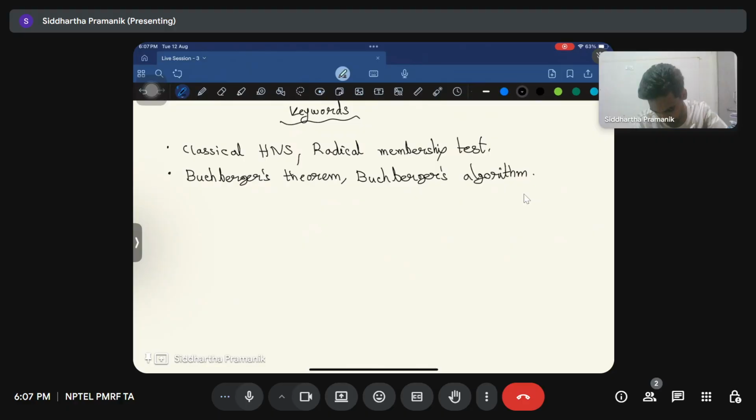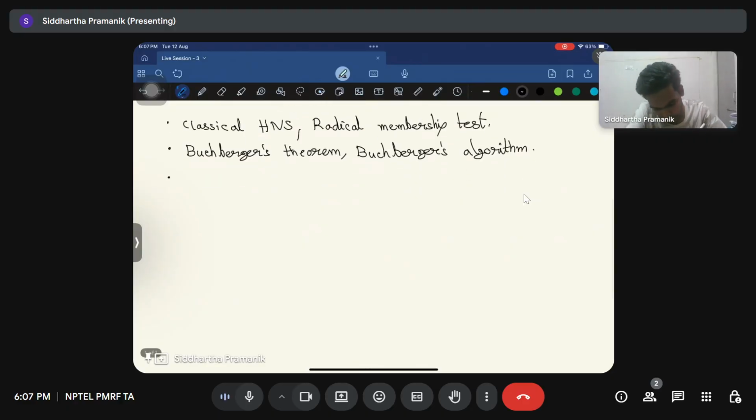Then we know for an ideal I, the quotient ring R mod I is also a K vector space, where R is the polynomial ring. So we have seen how to find a K vector space basis for this quotient ring R mod I, where I is any ideal.